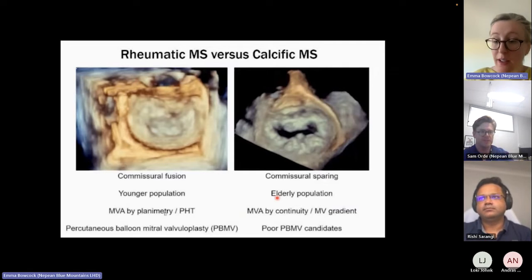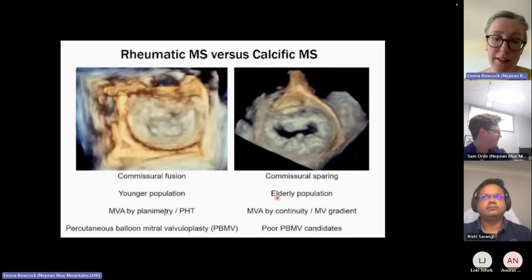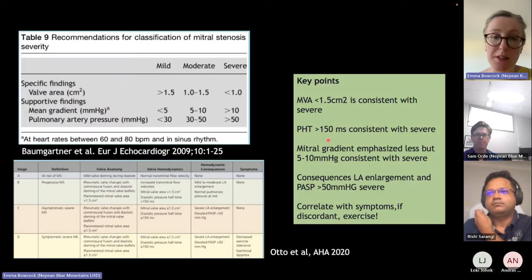And again, using gradients and the continuity equation are some of the techniques that we might use as well. And we'll talk through some of them. And then, of course, for obvious reasons, they tend to be poor candidates for valvuloplasty because of all the calcium deposition at the annulus, which can cause cracking and complications related to that.